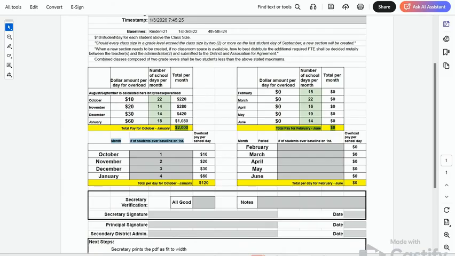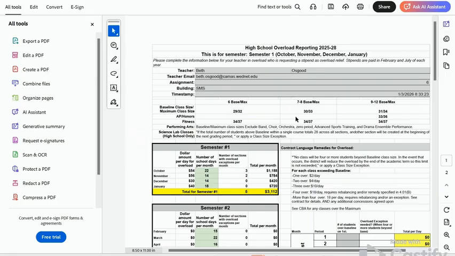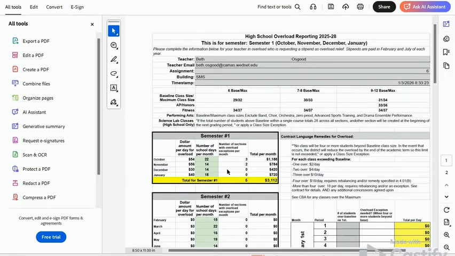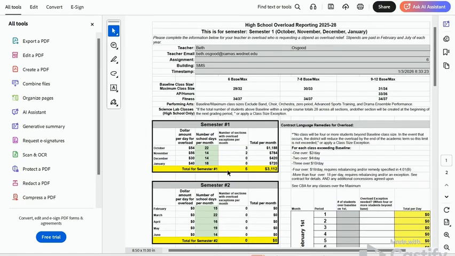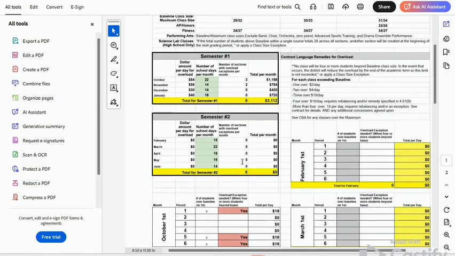At the secondary level, it's a little bit different. There's a couple extra steps. If you're a secondary, because it's done per day, per period, there's also some movement there.